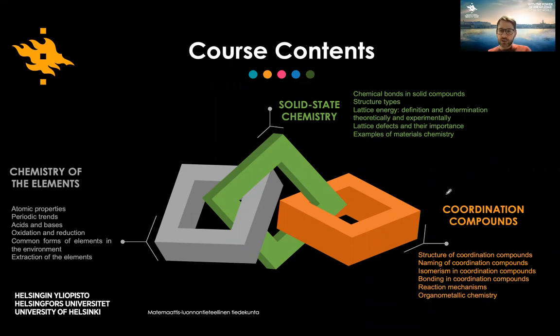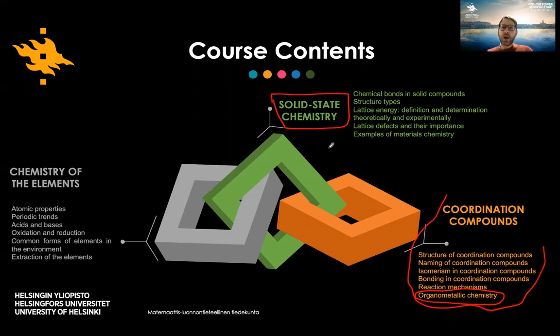As I just mentioned, there are advanced courses in the master's program that go into organometallic chemistry and reaction mechanisms. We also have, in the master's program in materials research, more courses dedicated to a more in-depth description of solid state chemistry, which we just gave a brief introduction to here in this course.